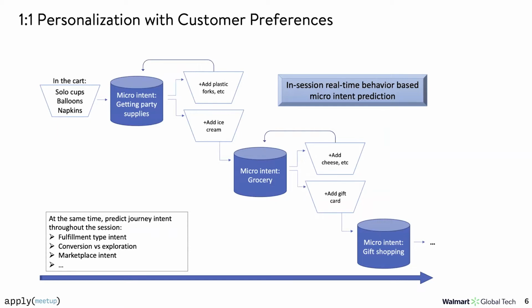First she starts looking at the party supplies that she needs. She's adding plastic forks, spoons, and other utensils, and then immediately she starts looking for ice cream, because her micro intent has changed from trying to get party supplies to getting the food or the grocery for the party. And then she moves on to adding gift cards. Maybe she's looking for return gifts or something like that.